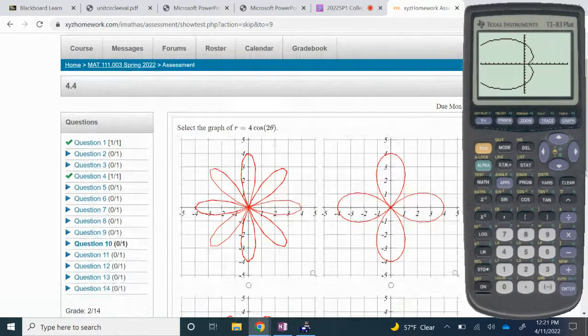All right, let's take a look at number 10. We have r equals 4 times the cosine of 2 theta. So I'm going to just put that into r equals 4 cosine 2 theta.